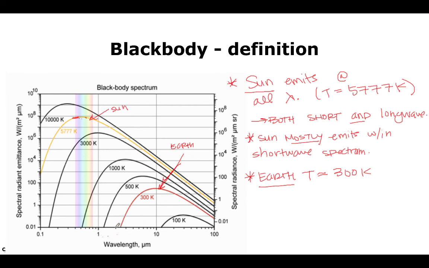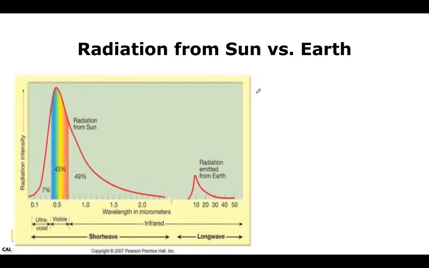It primarily emits in the long wave spectrum. The sun does both short and long, but mostly emits in the short. The Earth only emits in the long wave. So these are very important definitions that we need to set up.